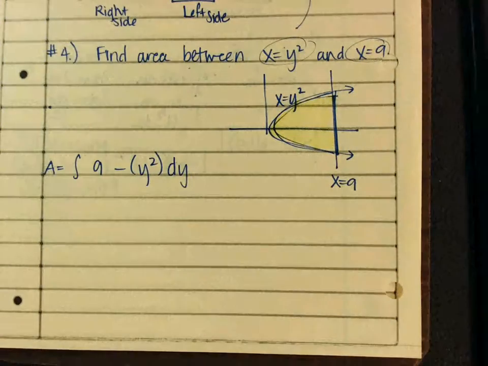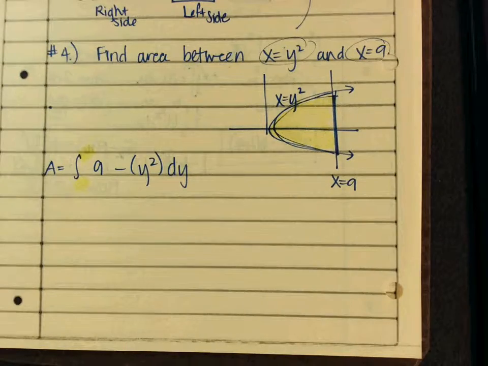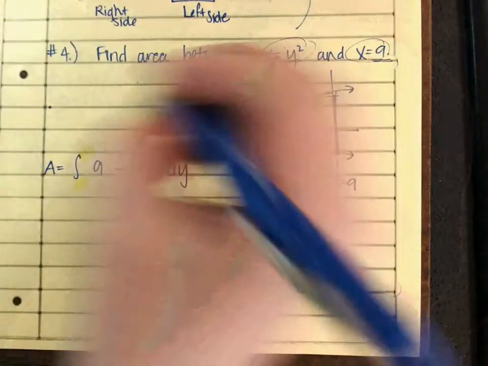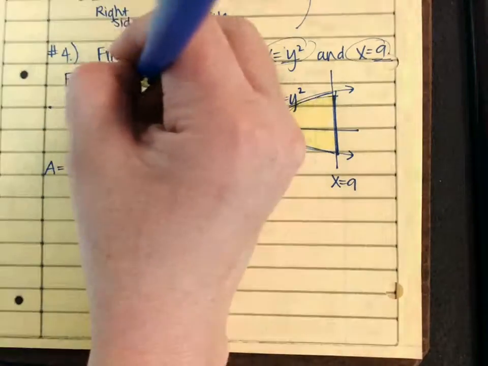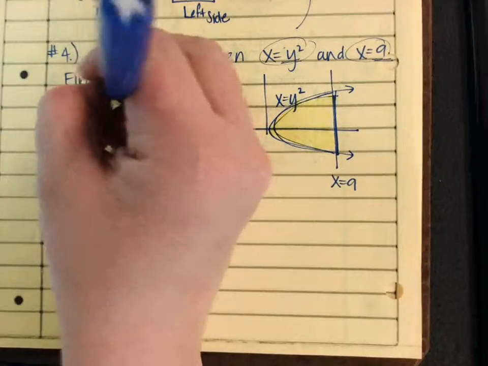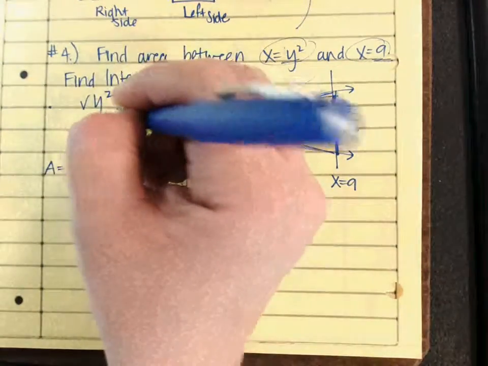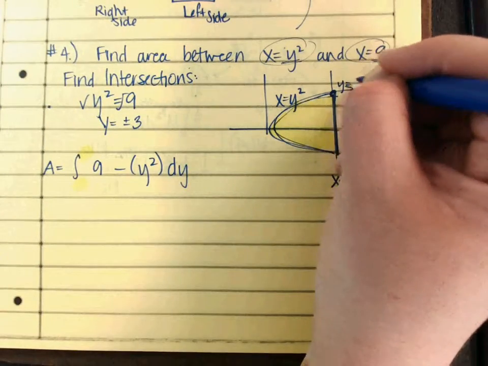Then from there, I need to know these intersection points here and here, which means I'm going to have to set my equations equal. So I would set y squared equal to 9. So find intersections. I'm going to let y squared equal 9. Square root both sides. y equals plus or minus 3. Which means this top one is y equals positive 3.